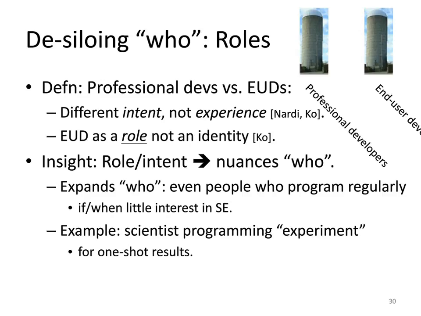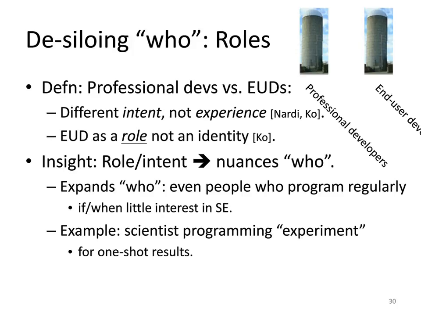For example, I have a PhD in computer science, but sometimes, say when I'm working with spreadsheets, I'm not really using my computer science habits the way I would if I were trying to write software that I was trying to deliver to someone. Another example might be a scientist programming a one-shot experiment.